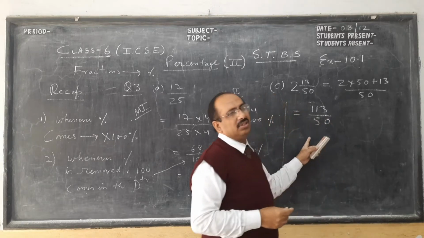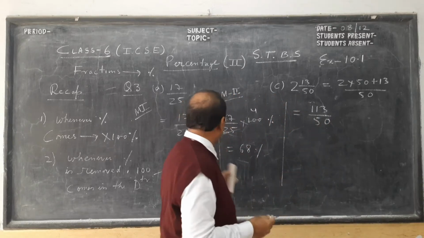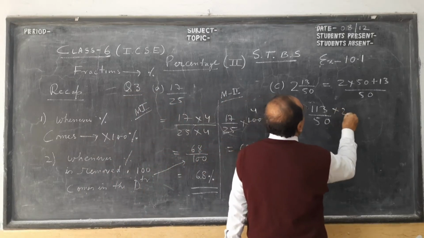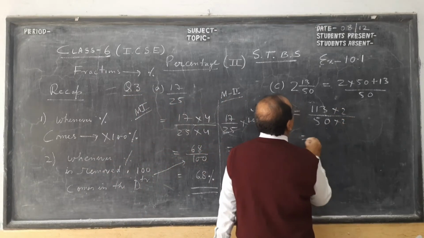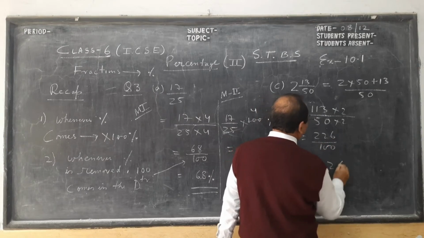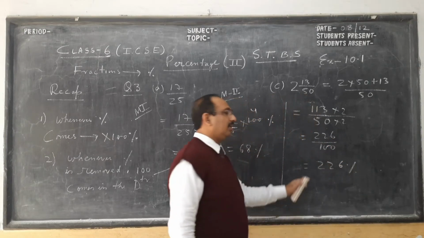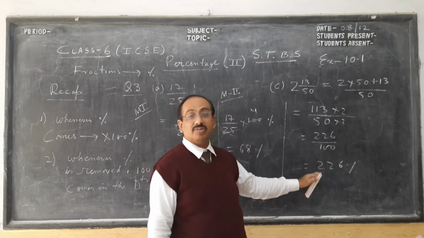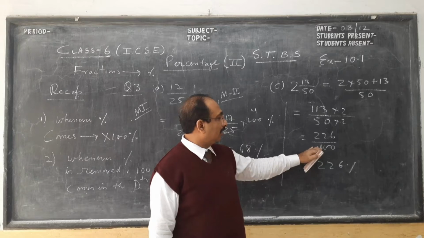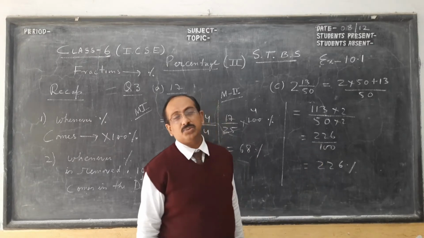The logical method will be so easy, children. I want to make the denominator 100, so we multiply both by 2. So we get 226 by 100. This is nothing but 226%. Children, percentage can be above 100 also. 226 upon 100 is 226%.